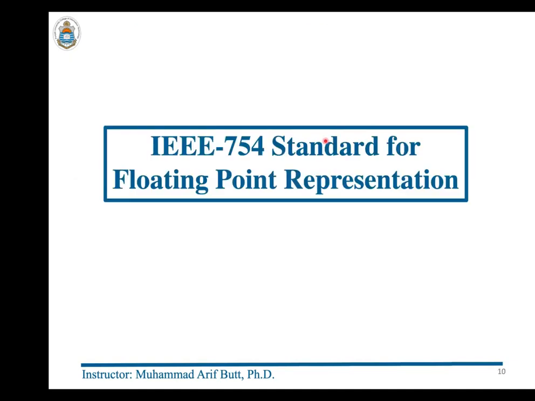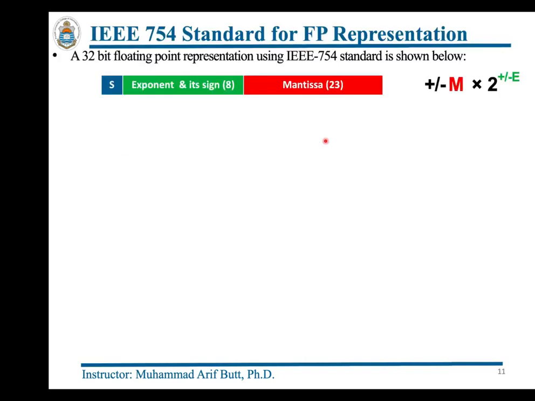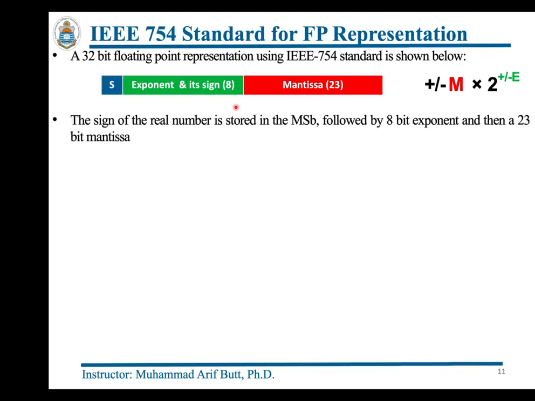Well, dear students, instead of discussing different variants of floating point representations, let us understand how the IEEE 754 standard stores or represents a real number. A 32-bit floating point representation using the IEEE 754 standard is shown over here. The sign of the real number is stored in the most significant bit, followed by an 8-bit exponent and then a 23-bit mantissa.